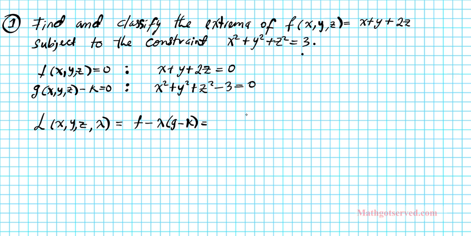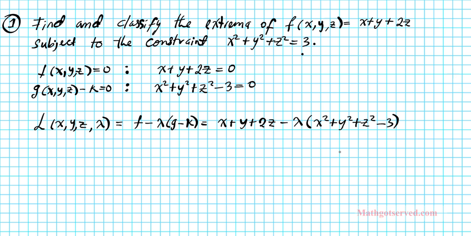So let's go ahead and do that. f is this expression right here, x plus y plus 2z, minus lambda times g minus k, which is this expression right here: x squared plus y squared plus z squared minus 3. So this is our new function, our L function.